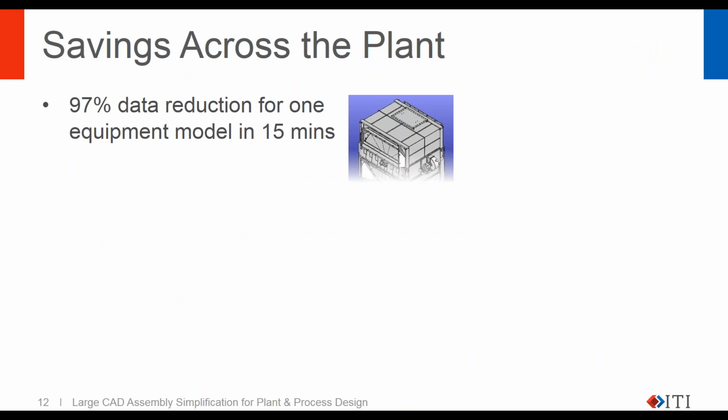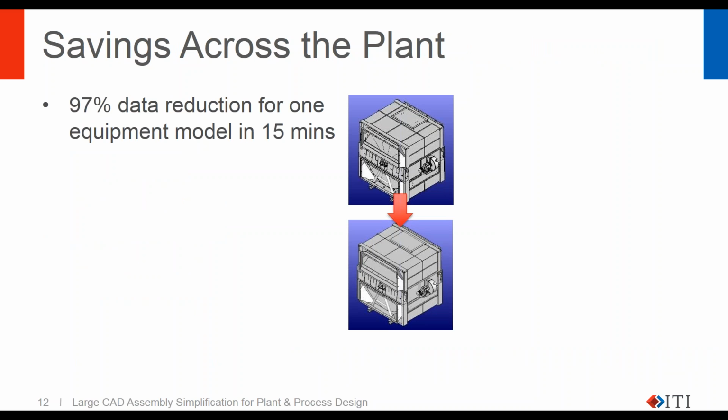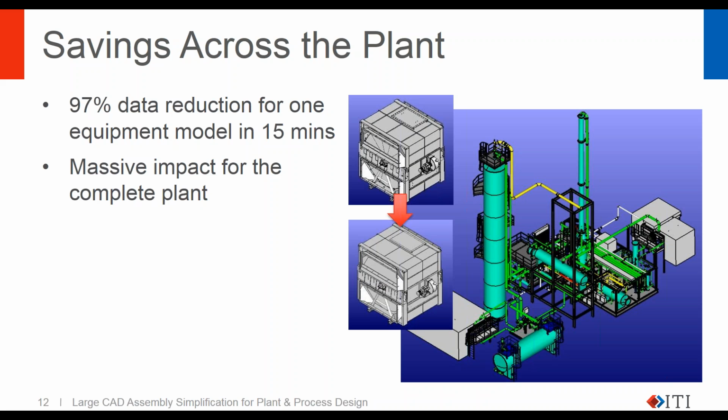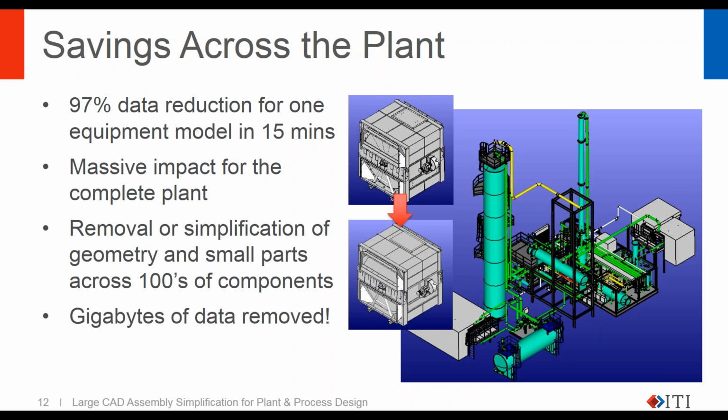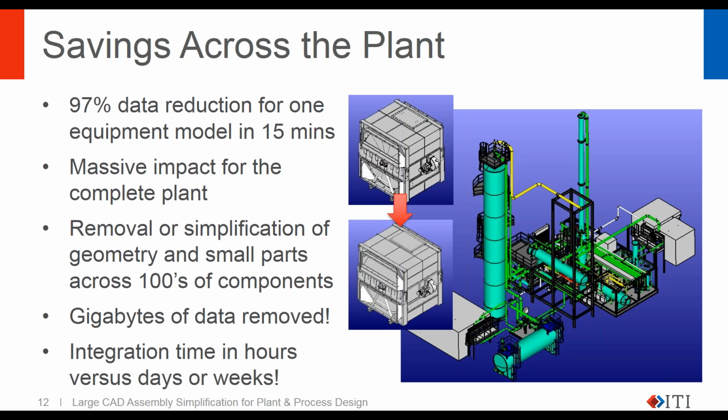If we look at that in terms of the entire plant, we could take that 97% data reduction and apply it to all of the equipment in that plant. So we're now talking about applying that kind of data reduction to hundreds, potentially thousands of small pieces of equipment and small parts, deleting thousands of parts that are not needed, automatically simplifying parts you want to keep.